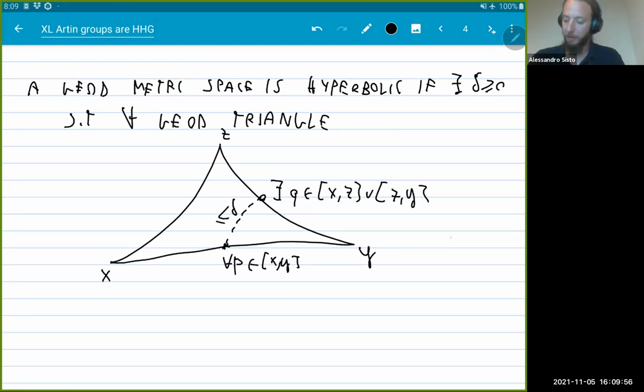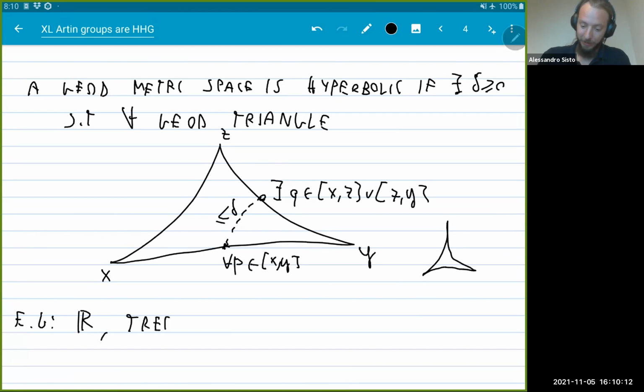So maybe a better picture would be the triangles look kind of like this. And I think that if you keep in mind the following two examples, R and trees, you're doing pretty good.